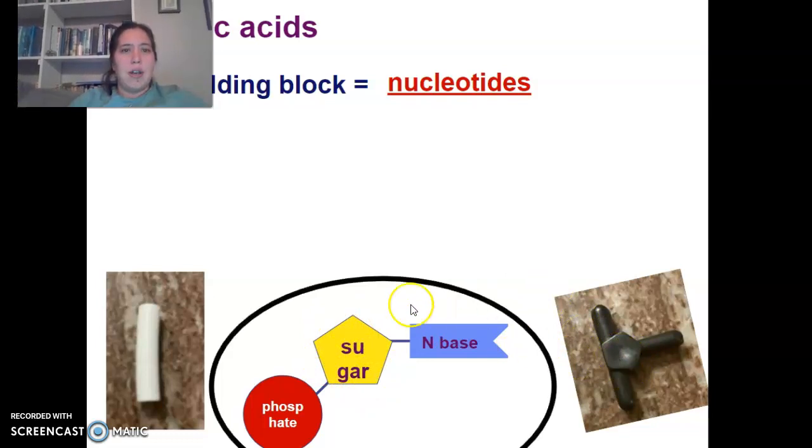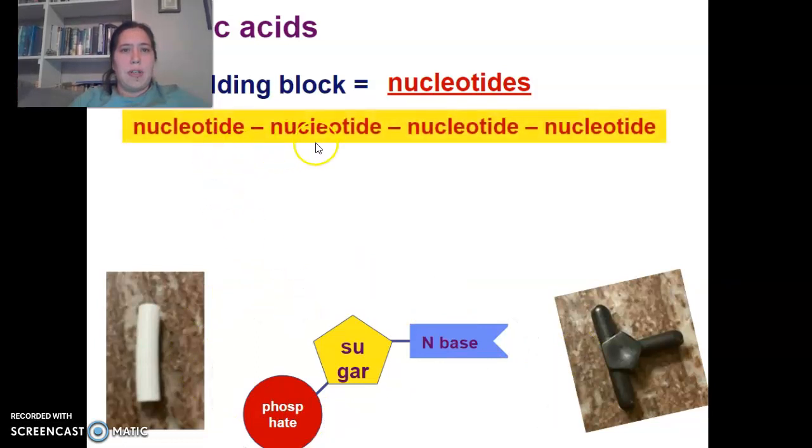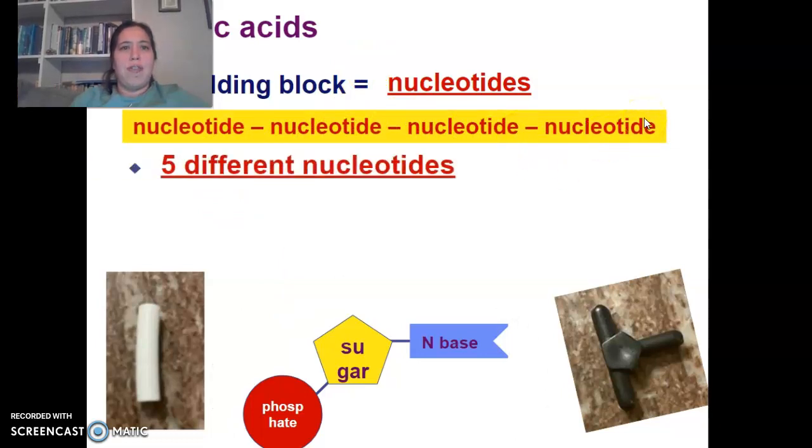But again, a nucleotide bonded together multiple times will form a nucleic acid. And there are 5 different nucleotides possible based on these nitrogenous bases.